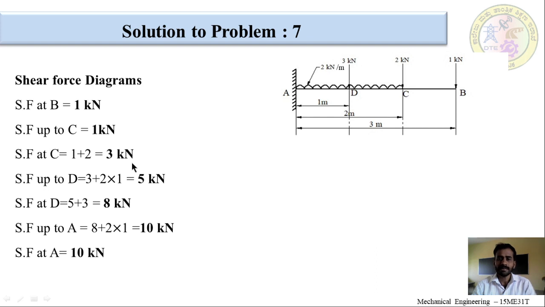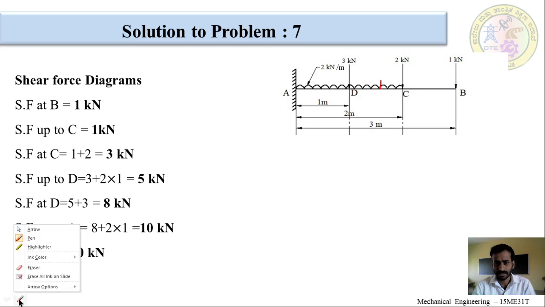Now, we will see shear force up to D. From C to D we can see there is an UDL of 2 kilonewton per meter. So, shear force up to D is the previous shear force value 3 plus this UDL has to be considered. When you are calculating shear force, we need to replace it by an equivalent point load, which gives the same effect as that of the UDL.